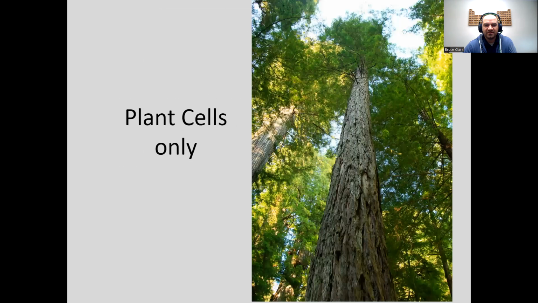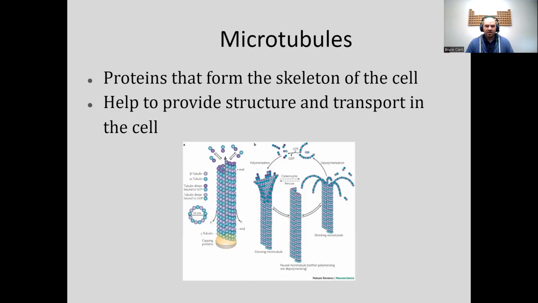And then I believe our last one on this chunk will be the microtubules. Think of these things as a cellular skeleton. So they are going to provide kind of a framework inside the cell. Pretty cool how they get formed and are recycled and made and all those things. But like I said, think of microtubules as just kind of a microscopic cellular skeleton there.